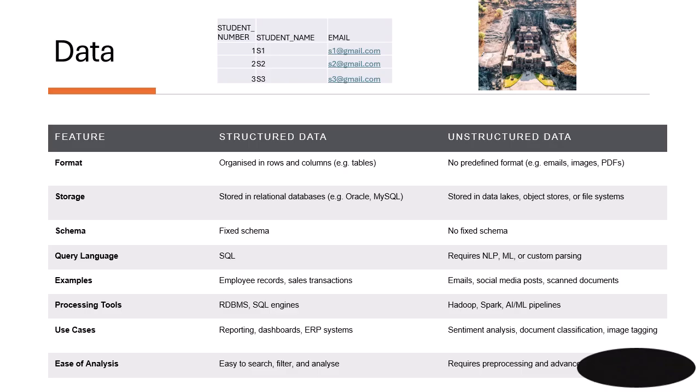So for this table, I'm going to say student number is a number, student name is a character, and email is a character, with an at sign in it. That's the schema. Whereas unstructured data has no fixed schema, so it is flexible.